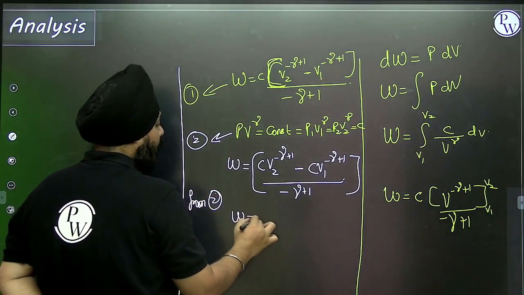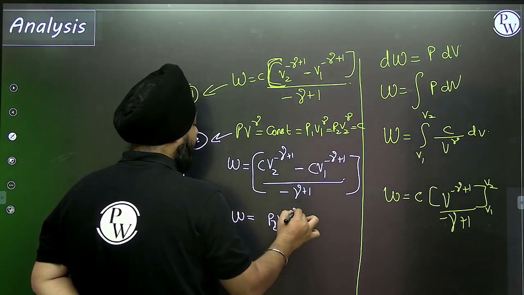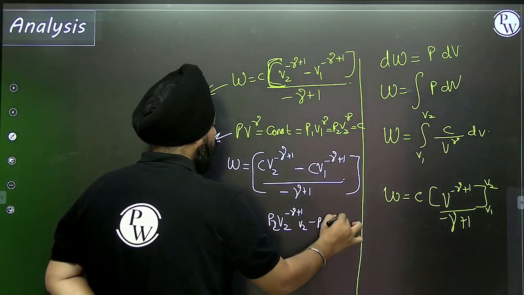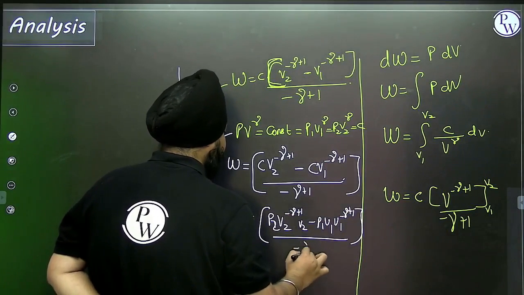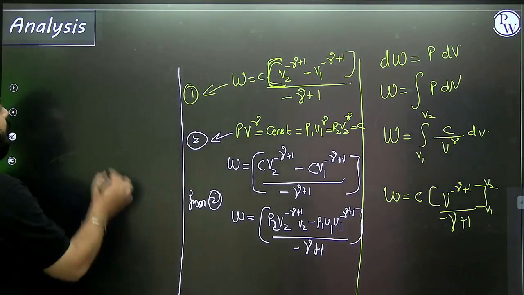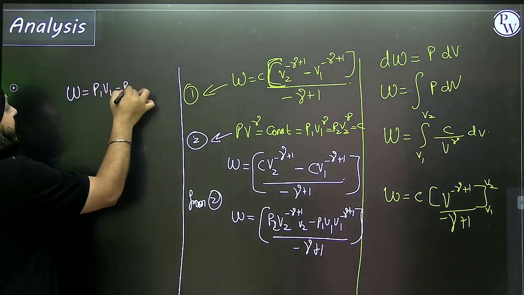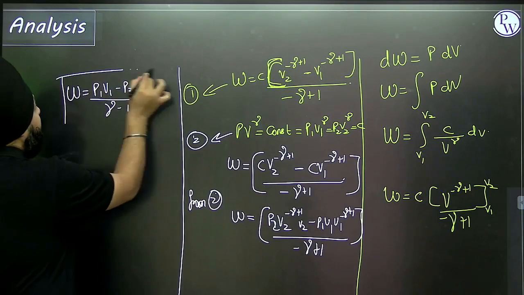From 2, can I replace W is equal to P2 V2 whole to the power minus gamma plus 1, minus P1 V1 whole to the power minus gamma plus 1, whole divided by minus gamma plus 1? So finally we are getting the equation of the work done as P1 V1 minus P2 V2 whole divided by gamma minus 1, where gamma is the adiabatic index.